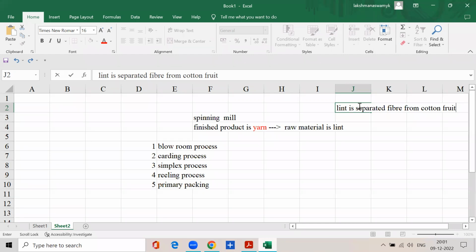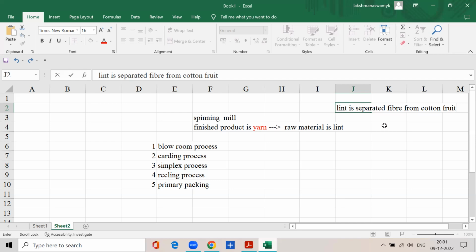Then that cotton is sold to the ginning mills by the farmers. In the ginning mill process, the ginning millers separate the cotton from the cotton seed. The cotton seed is sold to oil mills. Then this cotton fiber is sold to spinning mills.